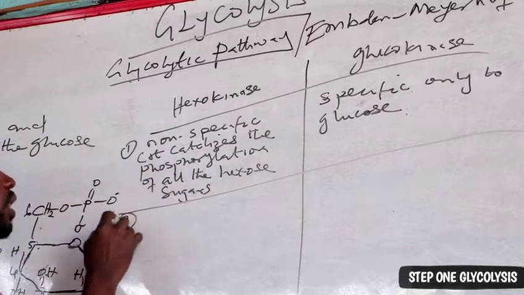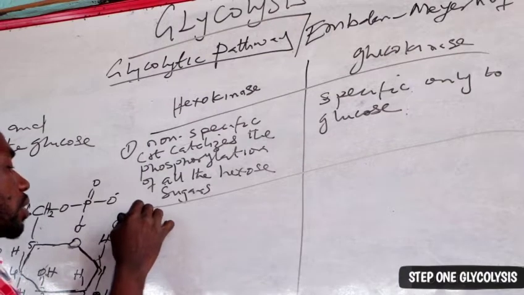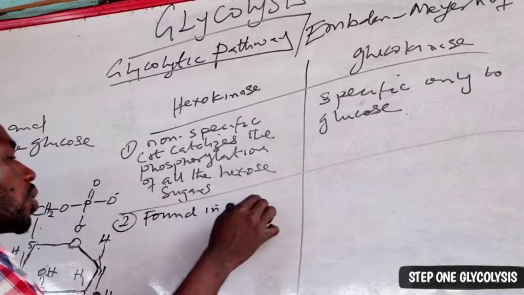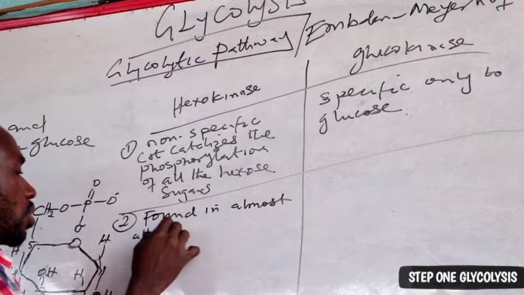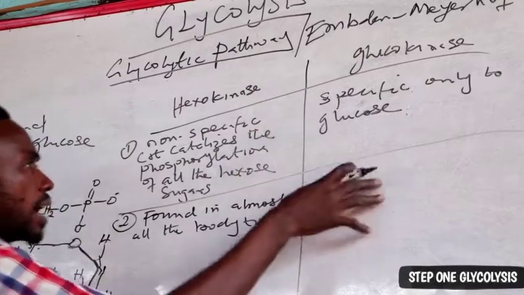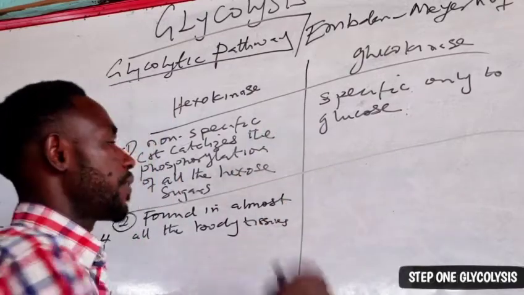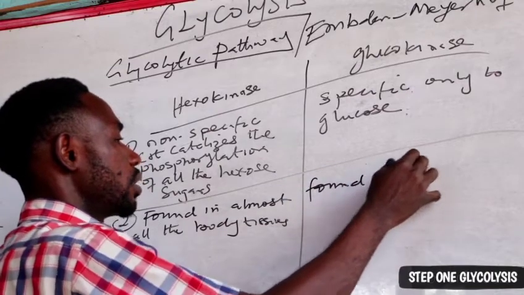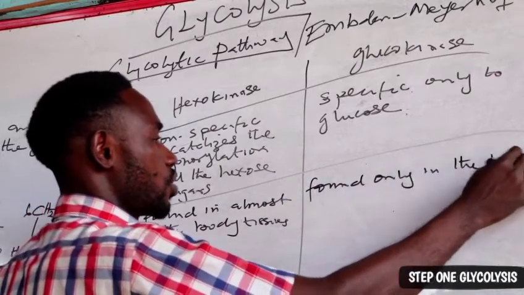Another difference, number 2: hexokinase is found in almost all the body tissues, while this one, glucokinase, is only found in the liver, found only in the liver cells.